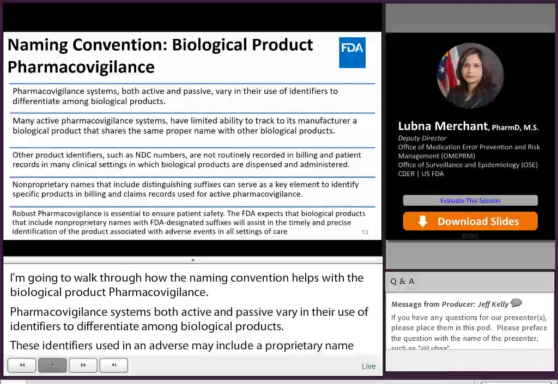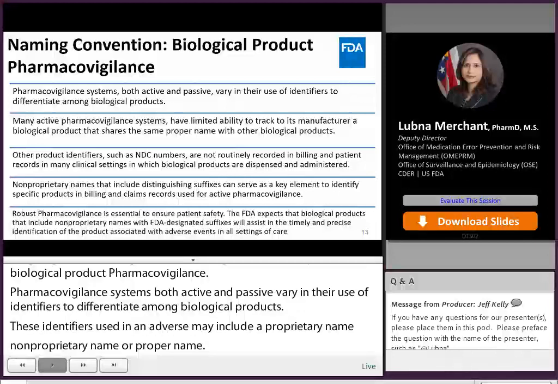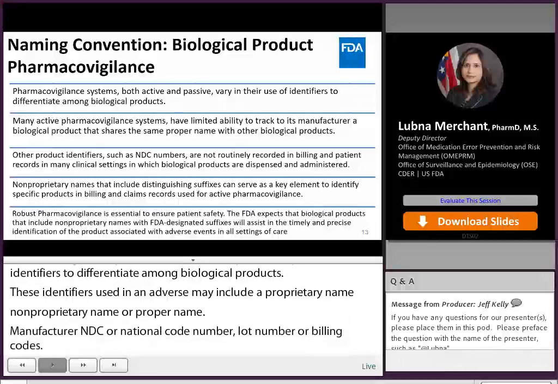We know that the active pharmacovigilance systems, which generally identify adverse events by querying electronic healthcare data such as administrative and billing data, have limited ability to track to its manufacturer a biological product that shares the same proper name with other biological products.